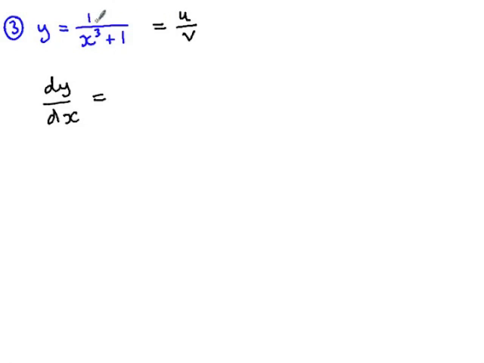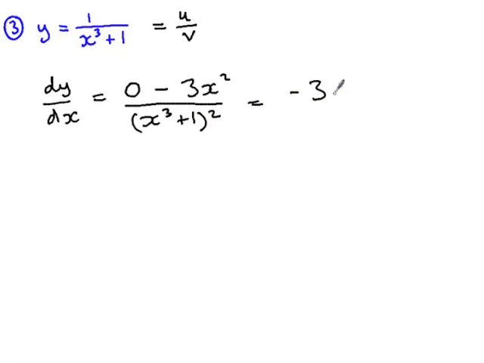Now the derivative of 1 is 0, so when I multiply that by x cubed plus 1, that'll still be 0, take the derivative of the second function, 3x squared, multiplied by 1, that's fine, all over x cubed plus 1 squared, so simplifies to negative 3x squared over x cubed plus 1 squared, which gives us the same answer as when we did the same question using the chain rule.